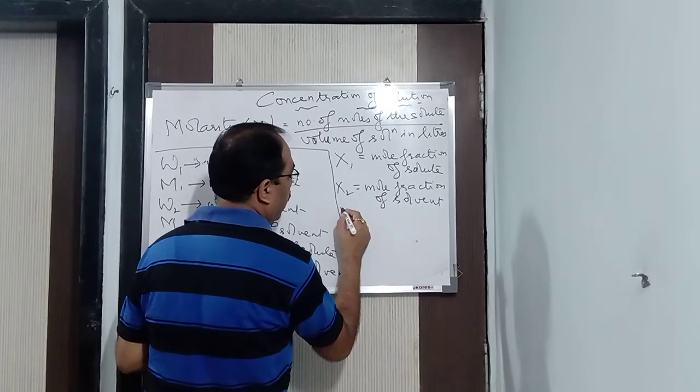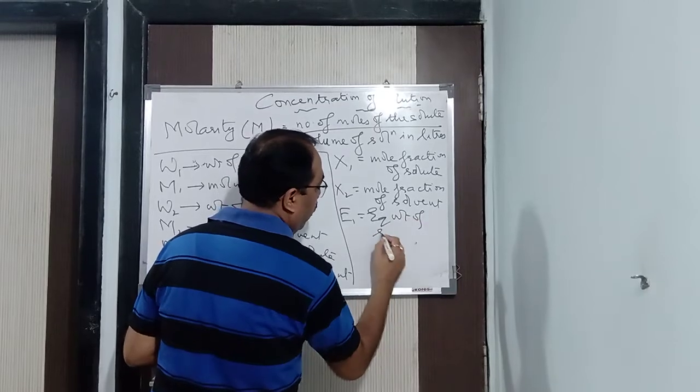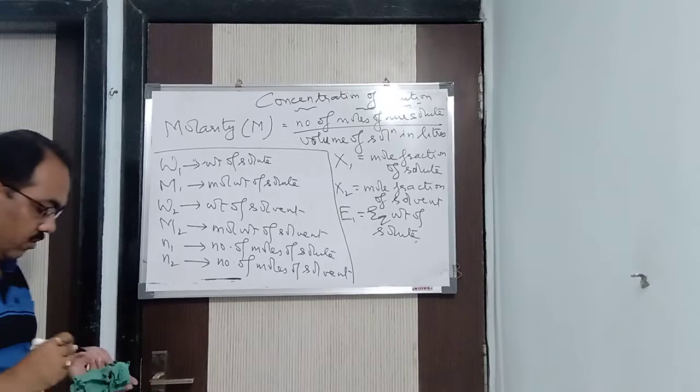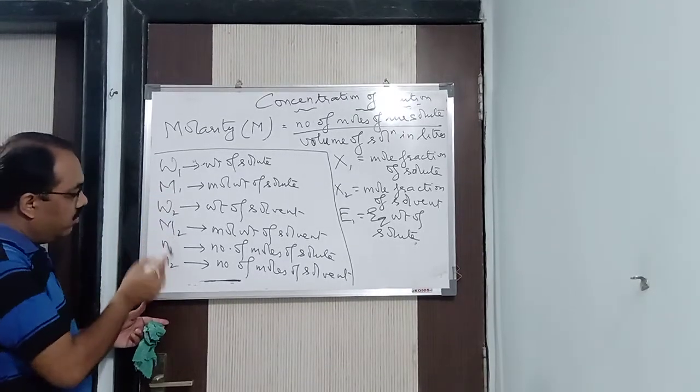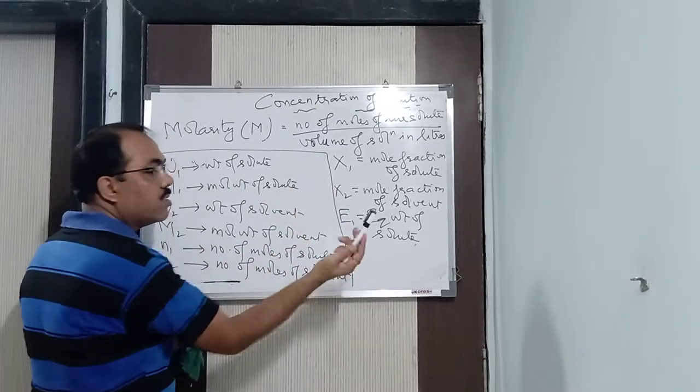Then capital E1, equivalent weight of solute. Similarly, capital E2 is equivalent weight of solvent. So what you see here is that I have used 1 for all solute. Wherever it is 1, it is for the solute, and wherever it is 2, it is for the solvent.